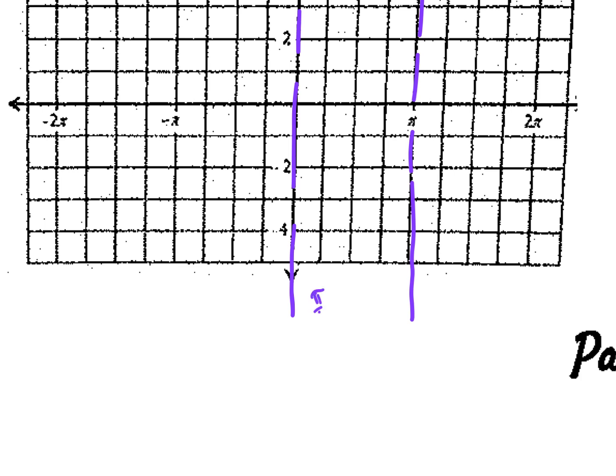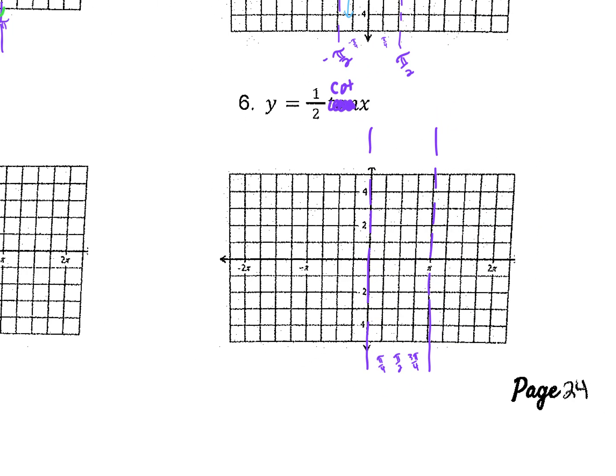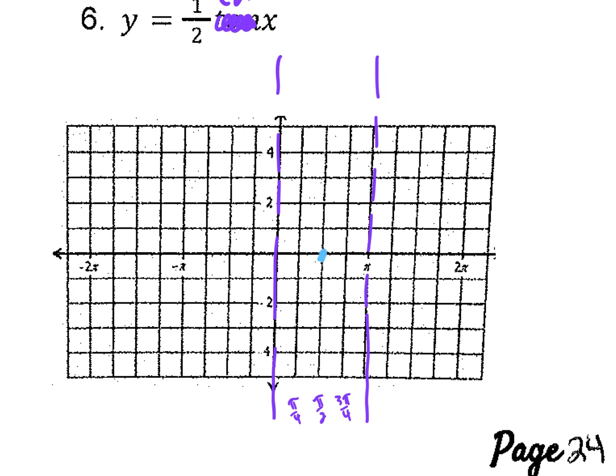So pi over 4, pi over 2, 3 pi over 4. So with that 1/2, we're still going to be at 0 at pi over 2. But now at pi over 4, we're only going up 1/2. And at 3 pi over 4, we're only going down to negative 1/2.